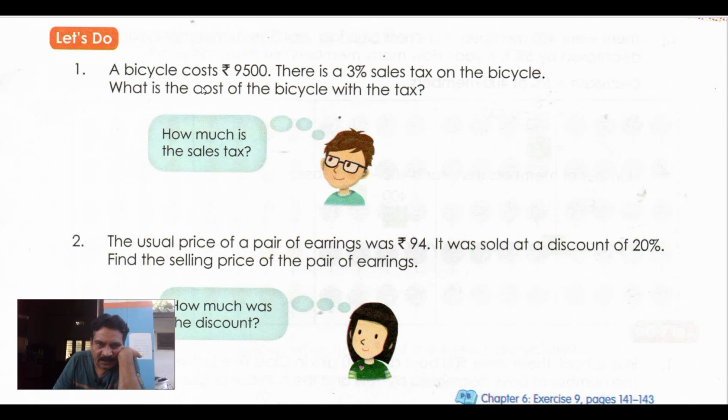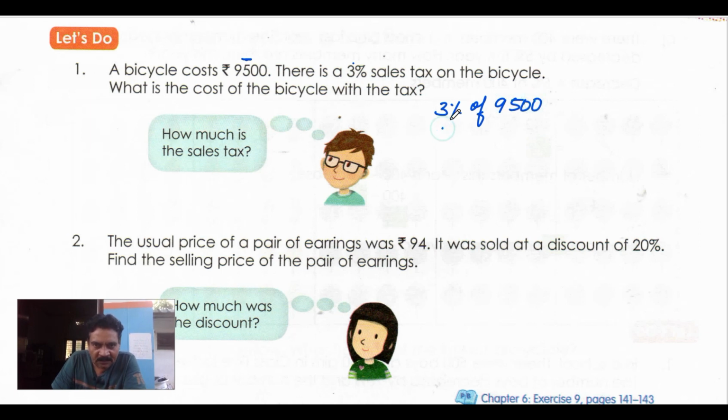Now we'll go for the next one. A bicycle costs 9,500 rupees. There is a 3% sales tax on the bicycle. What is the cost of the bicycle with the tax? Now you have to add 3% tax of rupees 9,500.